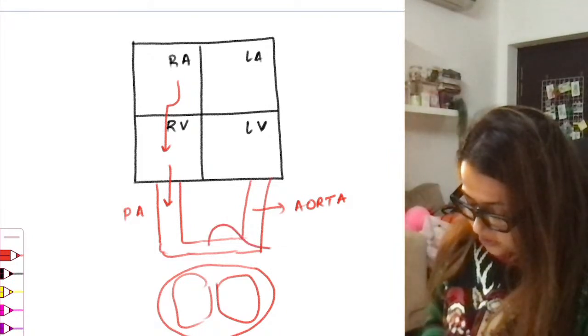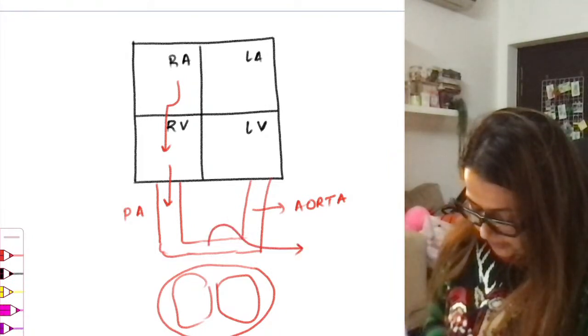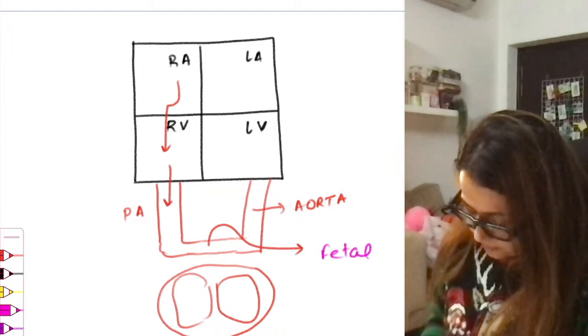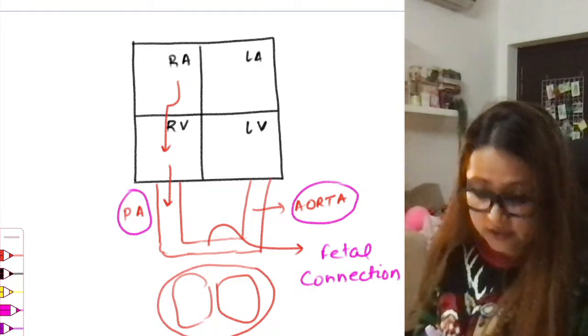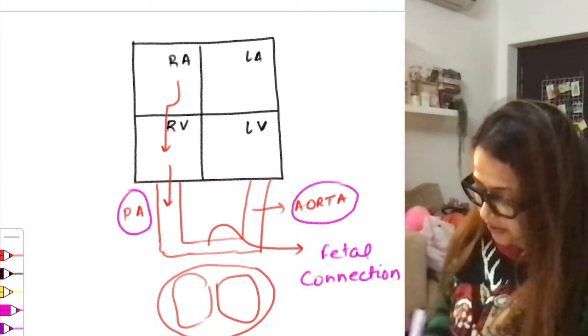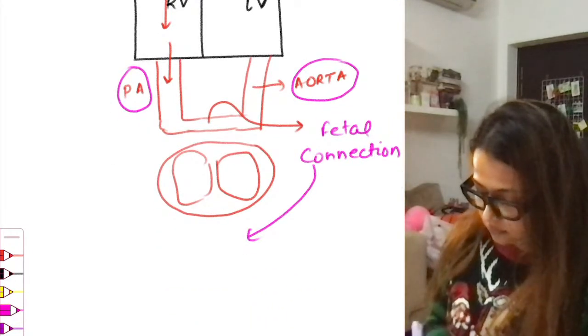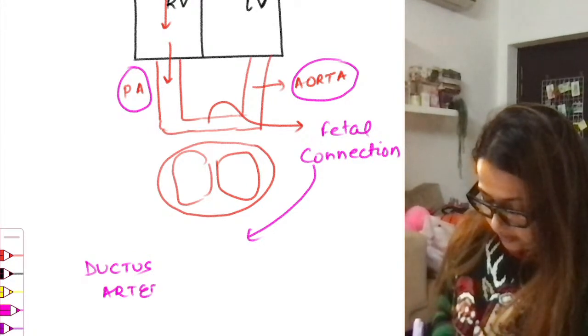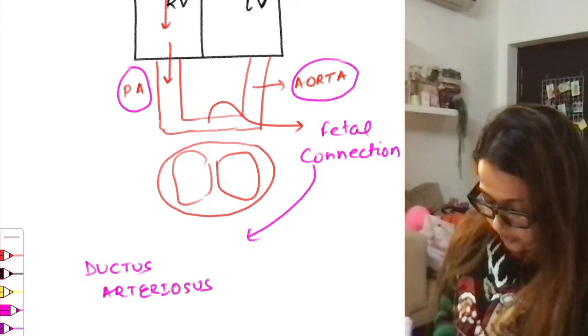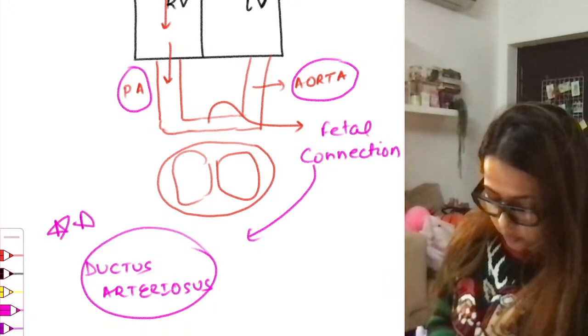So what is this connection? We have this fetal connection between the main pulmonary artery and the aorta, known as the ductus arteriosus. So know this point.